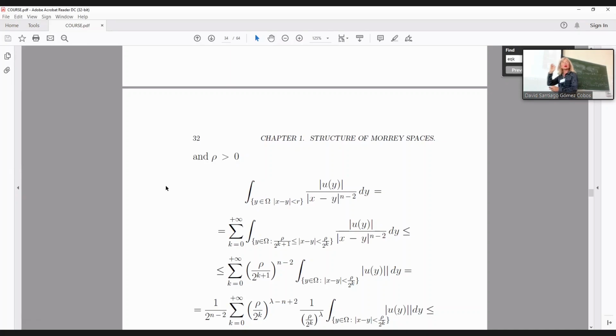We are interested in the part where we have k. So we consider this quantity plus 1 here before the series.